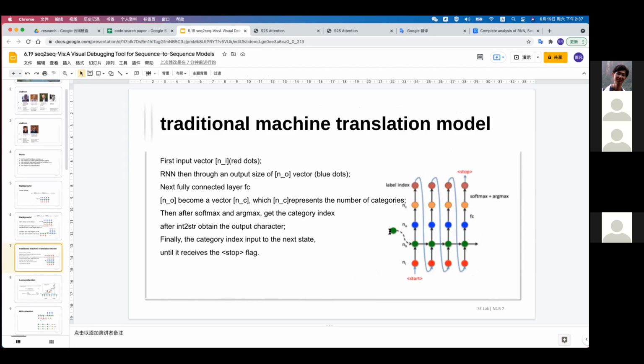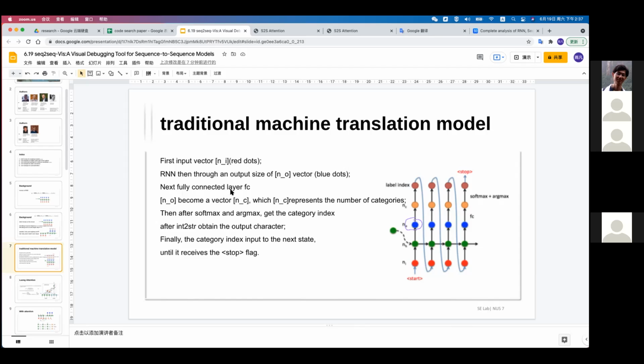Okay, so we will look a bit deeper at the translation model. First, we input a vector, this is a red dot in the picture, and then we input it to the RNN model and get an output vector. It is the blue dot I can draw here.